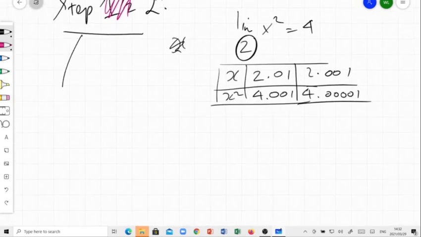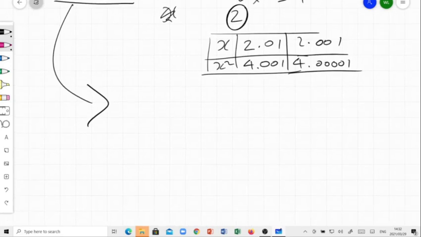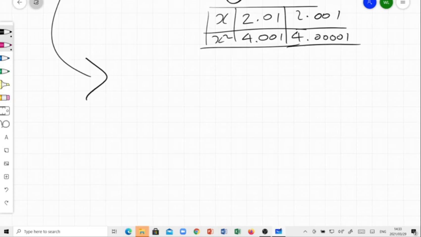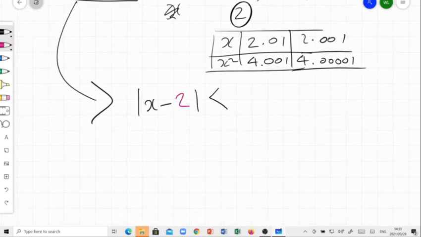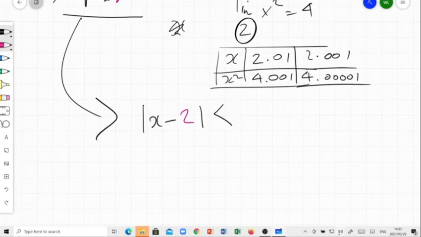So our step 2 says that you can fix x's to be within a certain distance of the point of approach, because you want it close to 2. X's that are far from 2, we don't even care about those, because we're only looking at how the y values behave close to 2. So without loss of generality, I can always choose my x's to be some distance within my point of approach, 2.